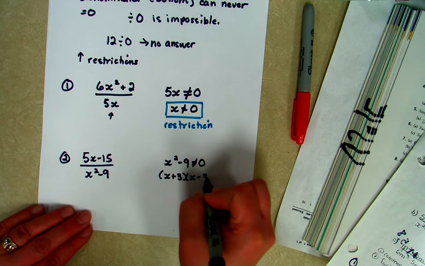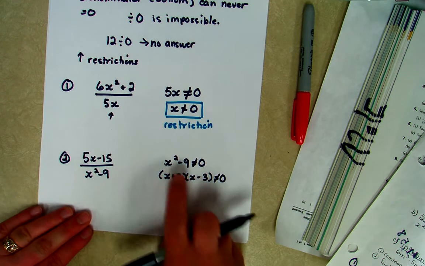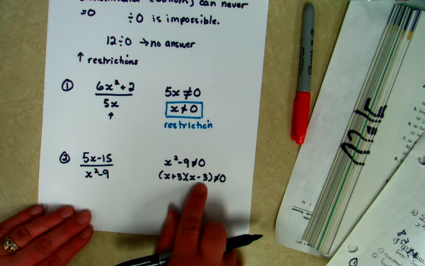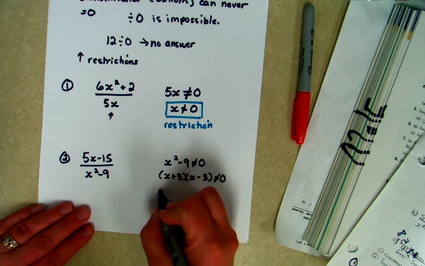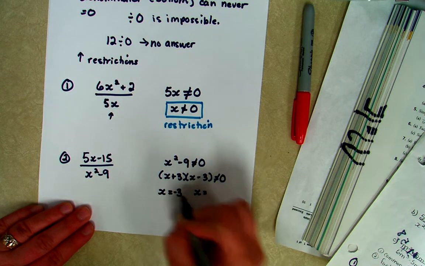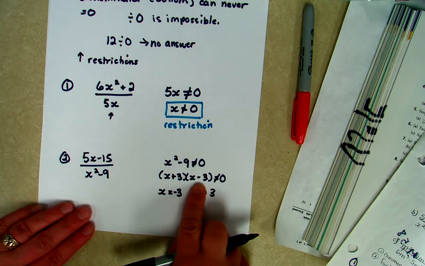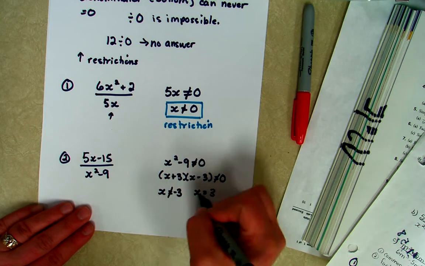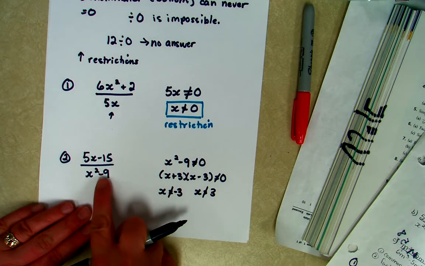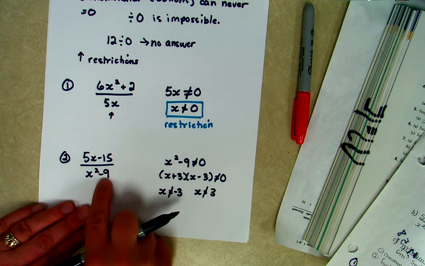Here's where the factoring we reviewed at the beginning of the course is going to become very important again. That x squared minus 9 factors to x plus 3, x minus 3. So my zeros would be x equal to negative 3 from the first bracket, x equal to 3 from the second bracket, but because now I'm talking about restrictions, it's x can't be those values, because if I put positive or negative 3 back into this original bottom, I will get 0.